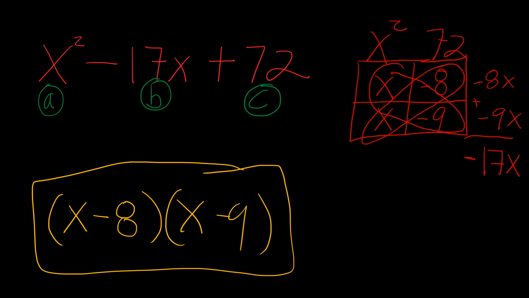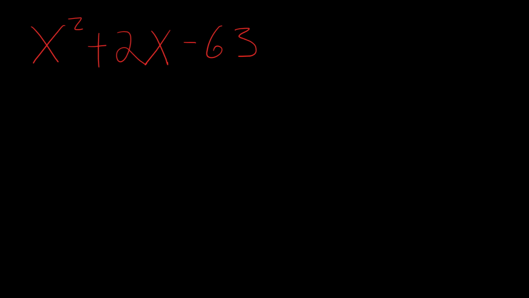Awesome, let's do another one. So let's say I have this, x squared plus 2x minus 63. What's going to be my a, b, and c term? Just like before, the a term would be the x squared term, the b term would be the term in the middle with the x, and the c term would be the constant. So now let's set up our magic box.